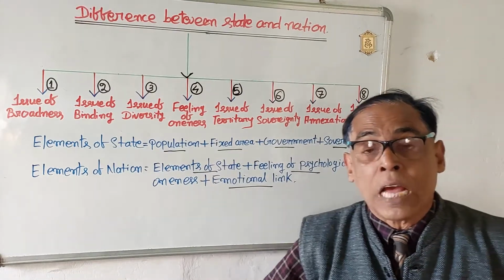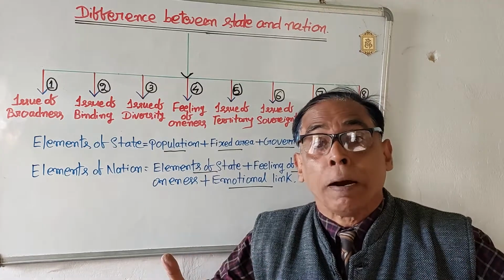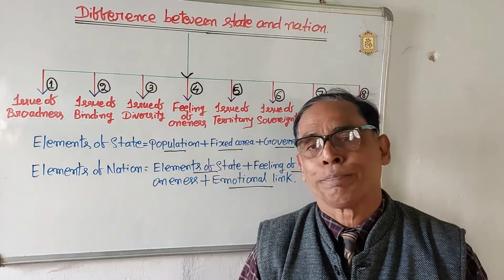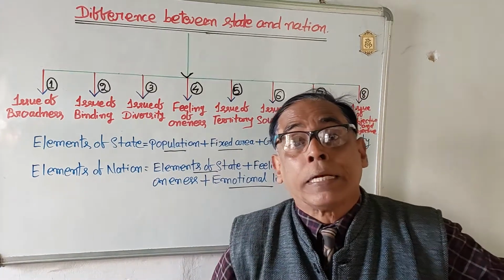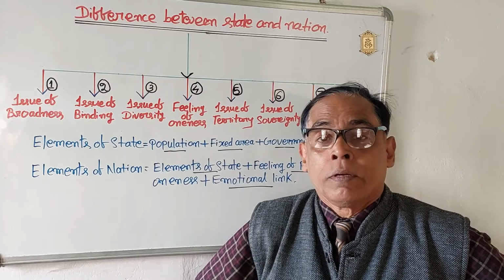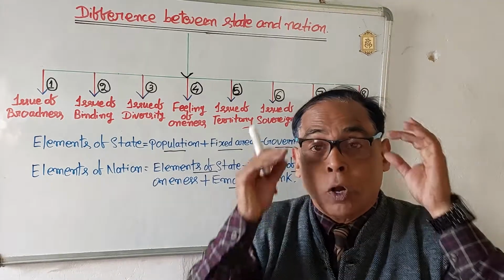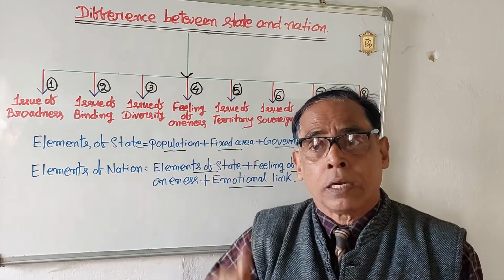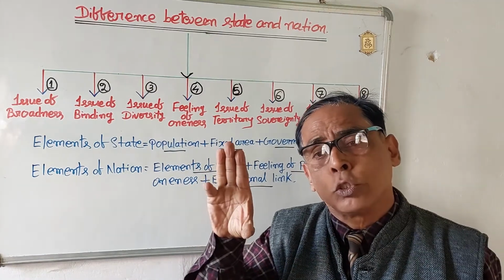A state must have supreme or ultimate power to take decisions independently. If a state is unable to take decisions independently, it cannot be constituted. So for the formation of a state, 4 important elements are necessary: population, fixed area, government and sovereignty.